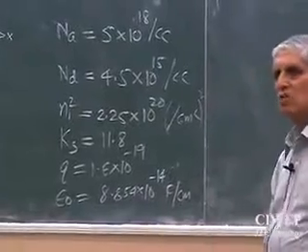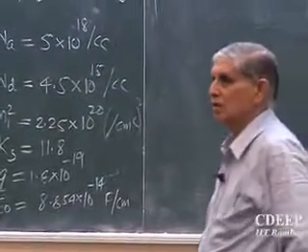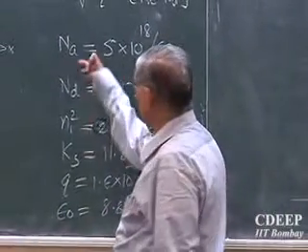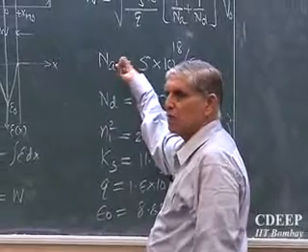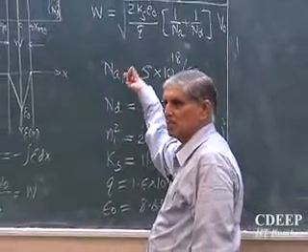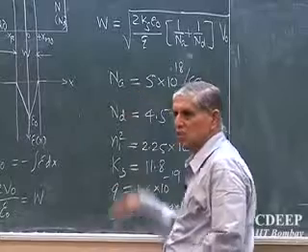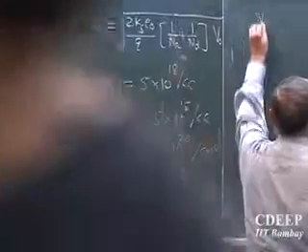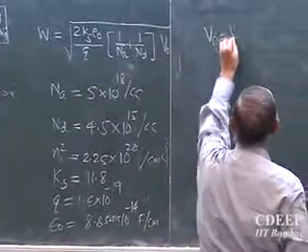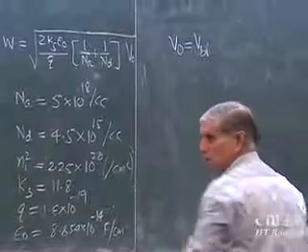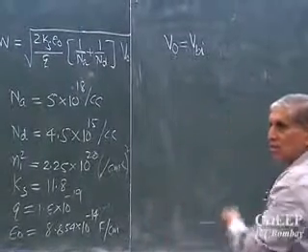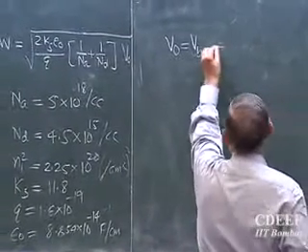How do I calculate V0? I can calculate V0 easily because I have been given the dopings Na and Nd. Since I am given the doping Na and Nd, the built-in voltage is known. So first thing I do is V0, which some books also call the built-in voltage. Some books write VBI, so you can use either way.